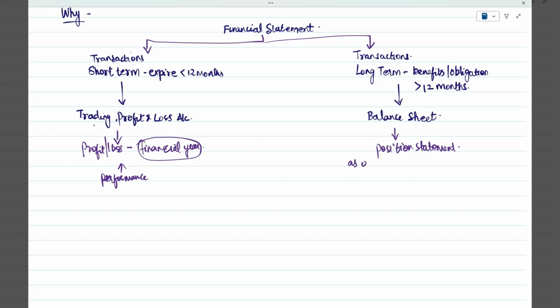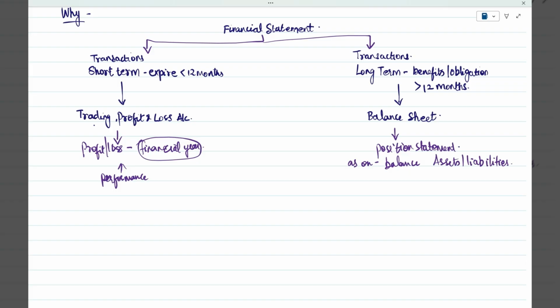It means that as on that particular date, whatever is the balance of assets or liabilities is shown in the balance sheet. So I hope you understand the components of the financial statement. One is the short term transactions and the other is the long term transactions, and this gives rise to the trading profit and loss account and the balance sheet.